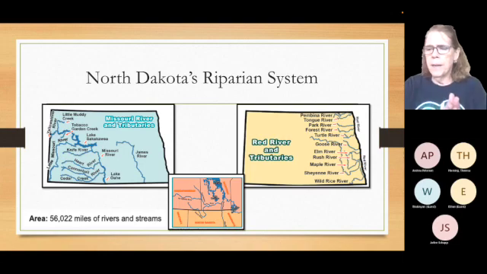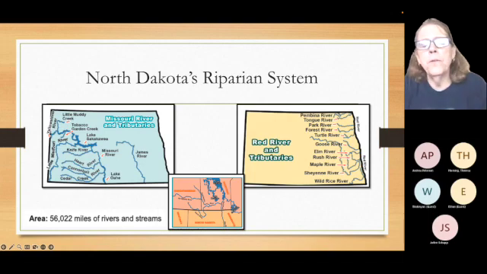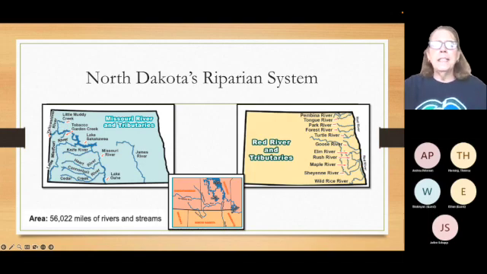I'm sorry, I have that backwards. In the eastern part of the state, we have a deciduous forest, and in the western part of the state, we have more of a coniferous forest. Now, when I talk about forest, I'm talking about the forests that are in the upland, not in the riparian. And so, what would you think the trees would be closer to the water's edge?